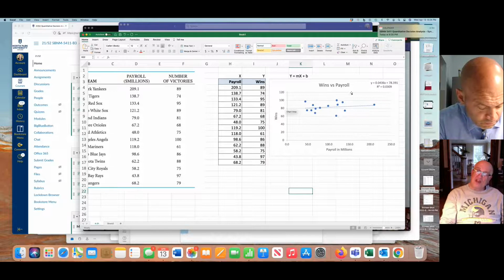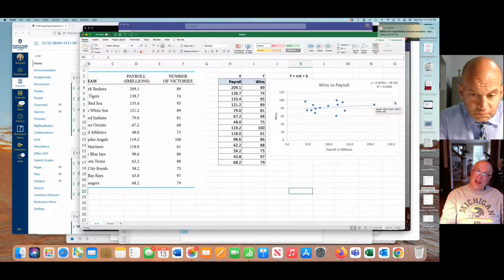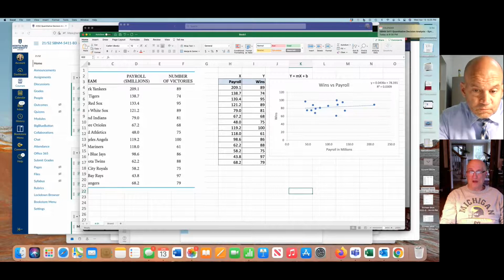This is the New York Yankees. Because I'm trying to fit a linear equation to it, this point is separate from the rest of the data. This point is so separate, it tugs the line in the direction of this point out here. If I was to get rid of that point and draw it, I'd even have a worse model.